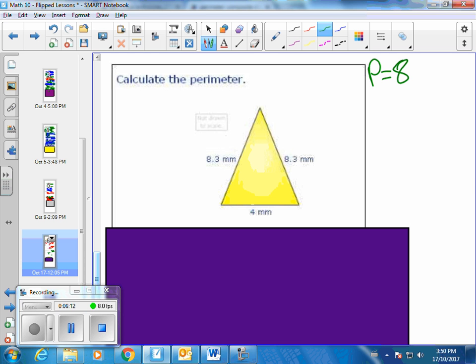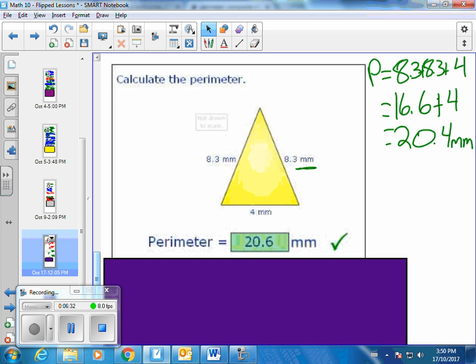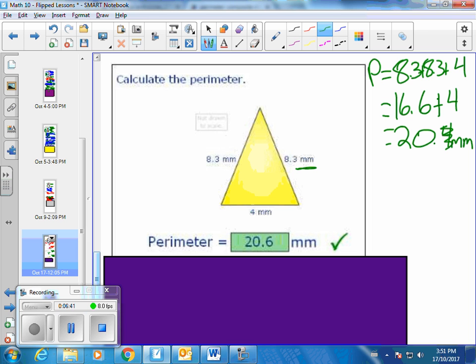So I have 8.3 plus 8.3 plus 4 gives me 16.6 plus 4 gives me 20.4. What's our unit? Millimeters. Go ahead and check our answer. Oh, what did I miss? I was not paying attention. 16.6 plus 4 is 20.6. Okay. Wasn't paying attention when I was bringing my decimal points down.